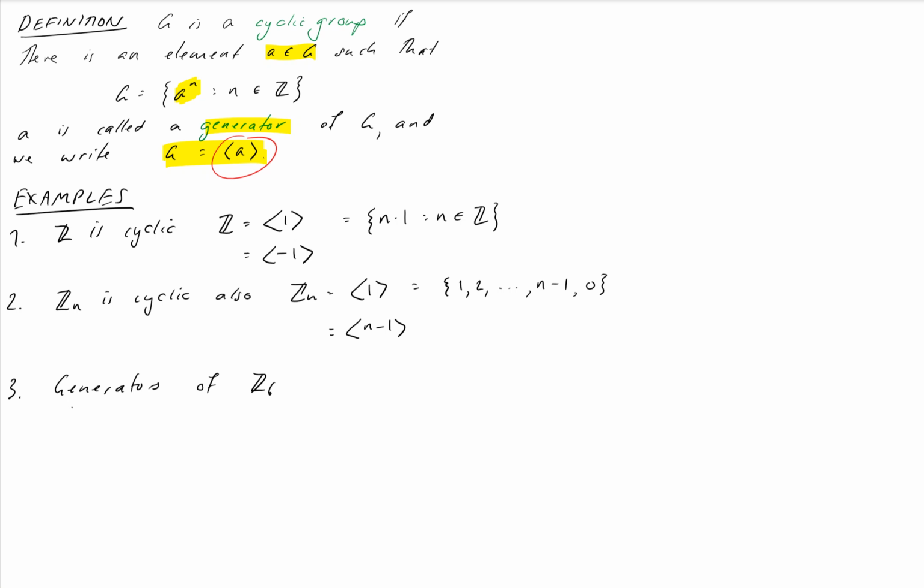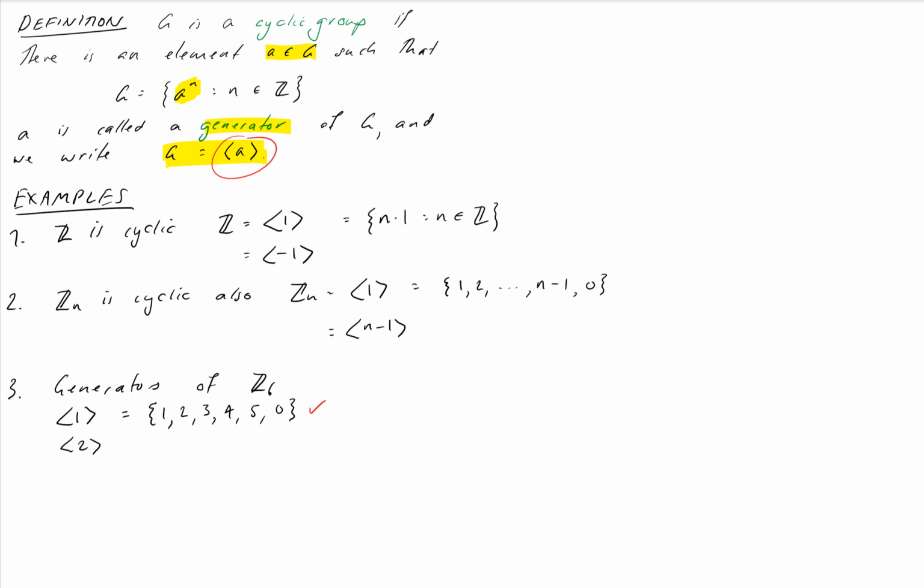So, let's take the cyclic subgroup of Z6 generated by 1. We know that will be our entire set, so I'm just going to take 1 and keep adding it mod 6 until I get back to where I start. Okay, if I were to keep adding 1s, I'd cycle back around again. That's kind of why it's called cyclic. So let's give it a tick, because it is a generator.